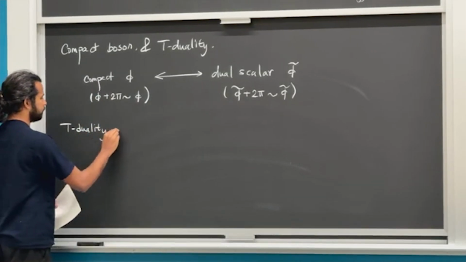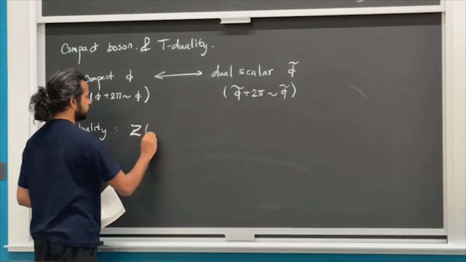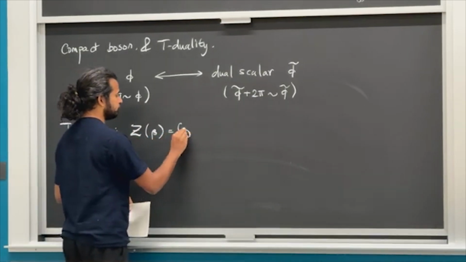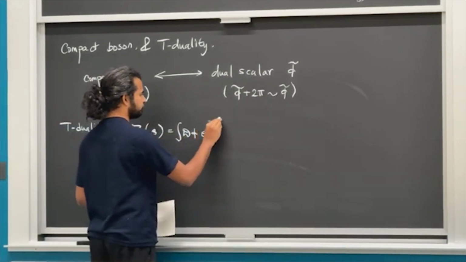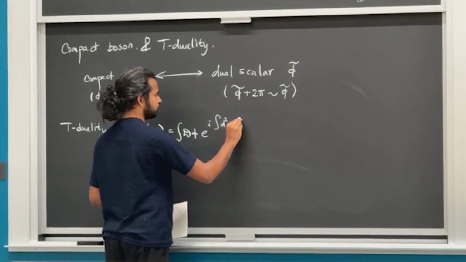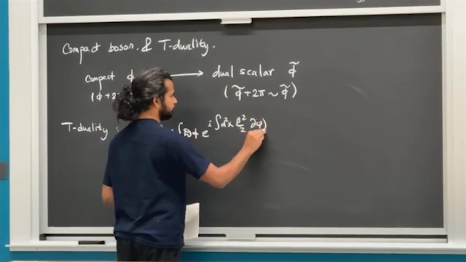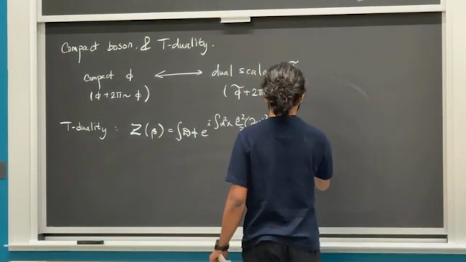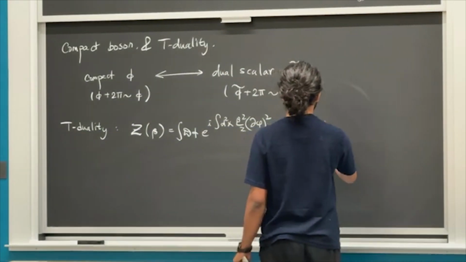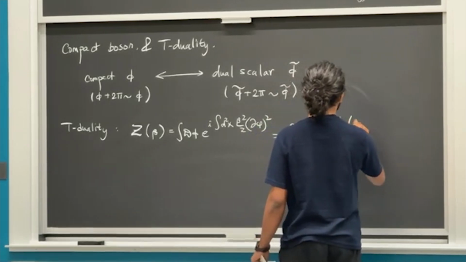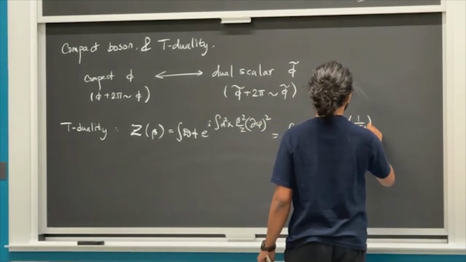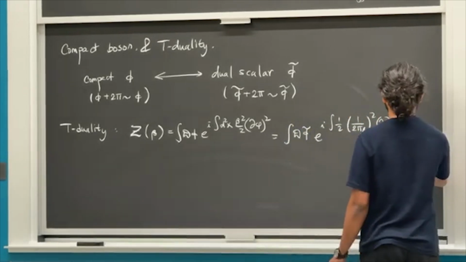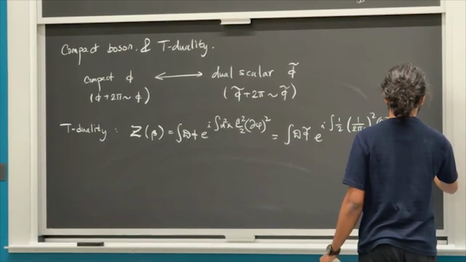And we saw that T-duality relates the partition function for some quantity beta, which is like this, to the integral over d phi tilde of e to the i 1 by 2 pi beta squared d phi tilde squared, which is nothing but 1 by 2 pi beta.